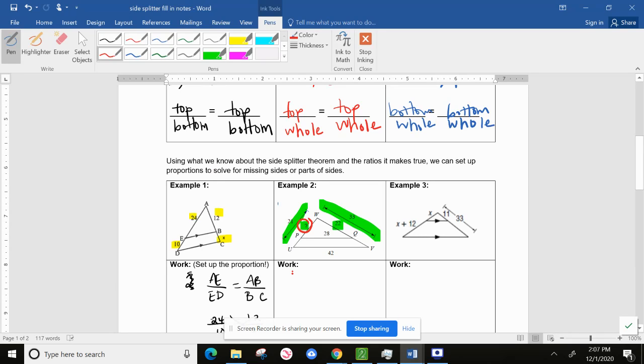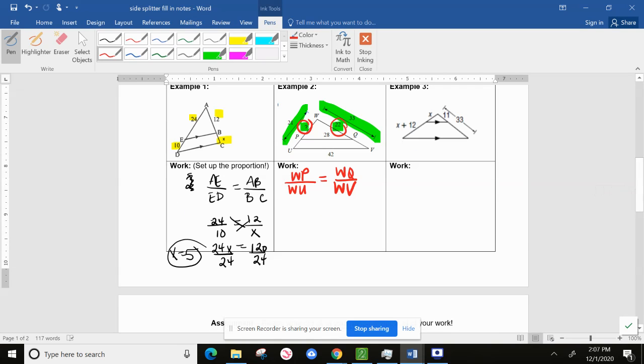So the ratio of WP to the whole side, which is WU, should equal this top portion, which is WQ, to the whole side, which is WV. Alrighty, let's plug in our numbers and solve. WP is our unknown, WU is 21, WQ is 22, and WV is 33.